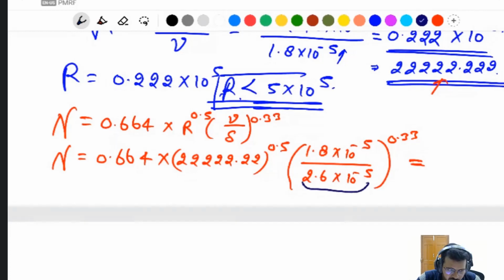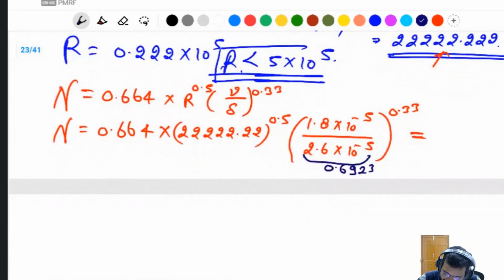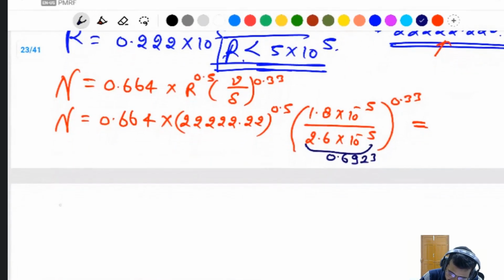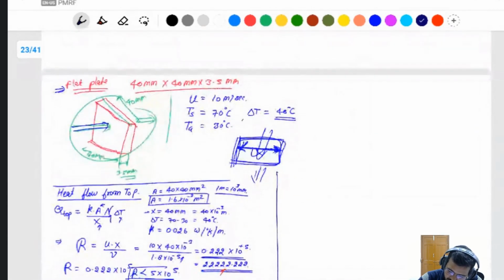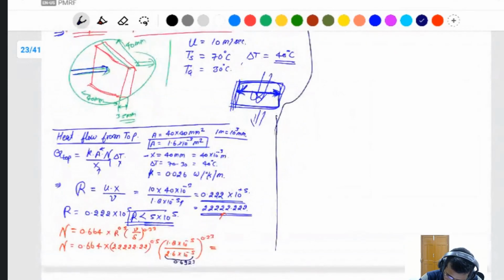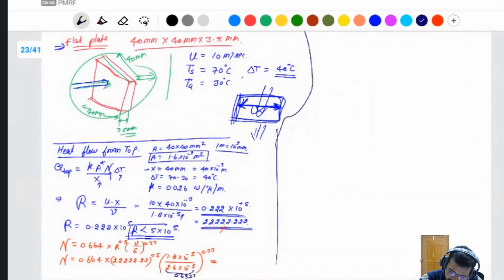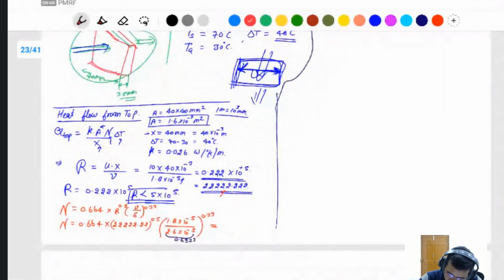This value is 0.6923 to the power 0.33. The whole value is 0.88. I have written the remaining part here. This whole value is 0.88.